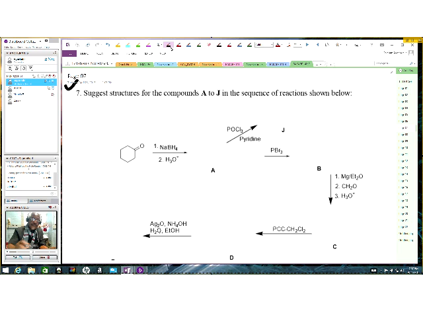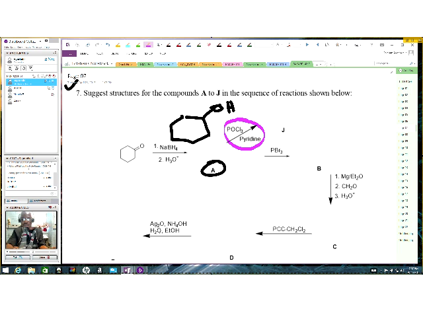So what do we have as a product? It is here. We are going to get that secondary alcohol. Now that is A. Now they also tell us to take the secondary alcohol, in other words compound A, and react it with phosphorus oxychloride, in pyridine as a solvent.